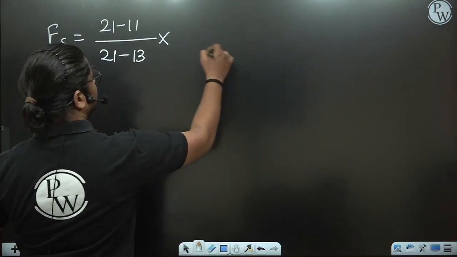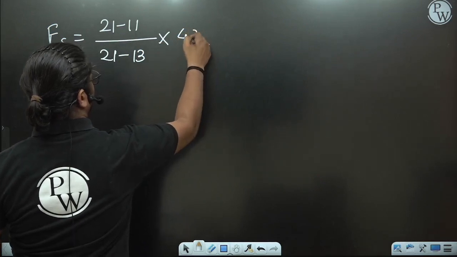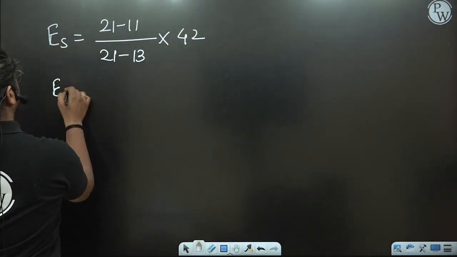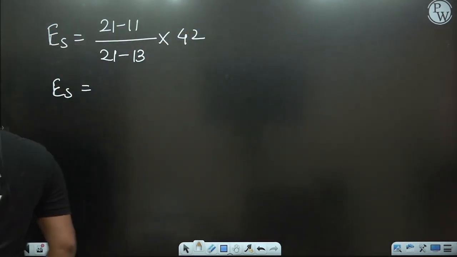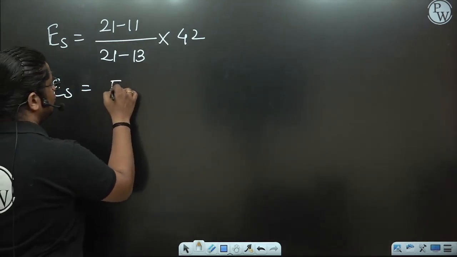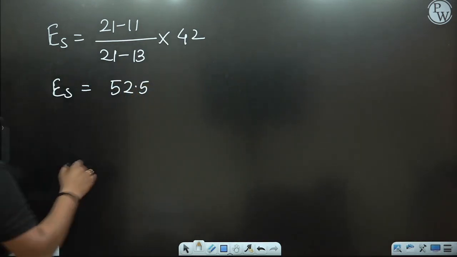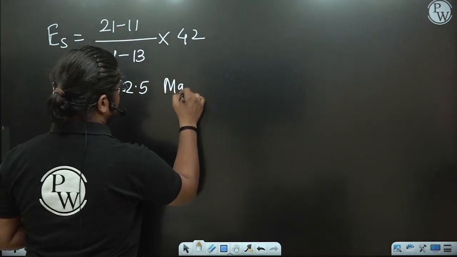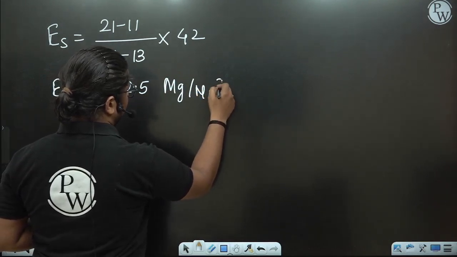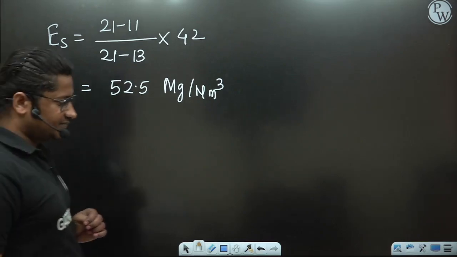So multiply by 42. I think all of you can calculate it. According to my calculation, I am getting around 52.5, and the unit is milligram per normal meter cube. I think up to this, everyone is clear about this question.